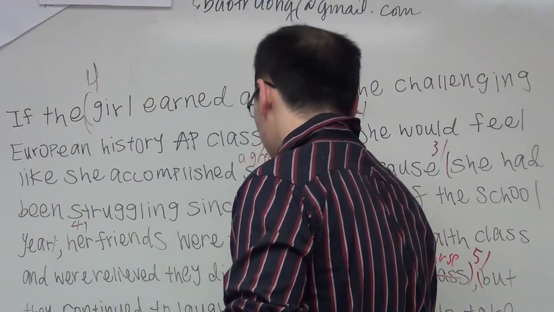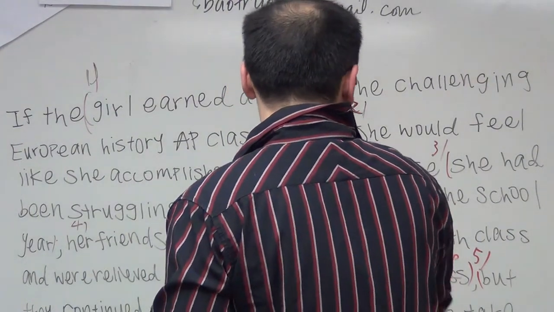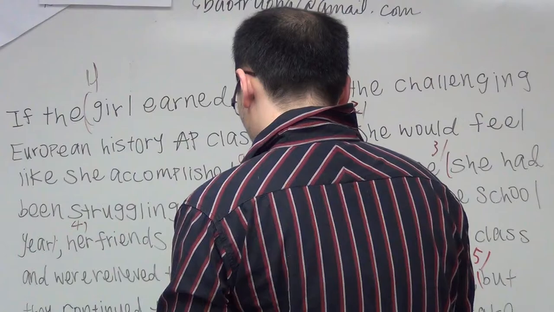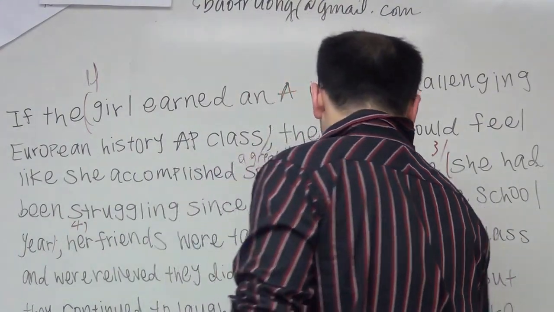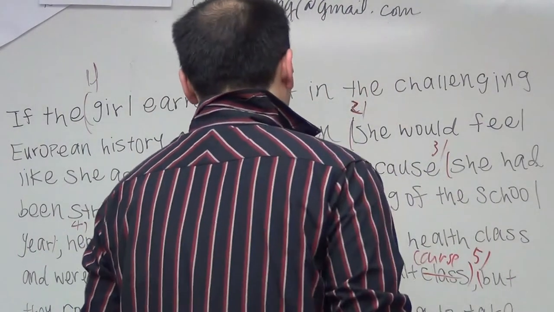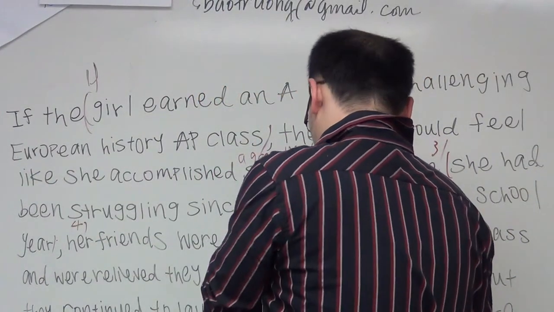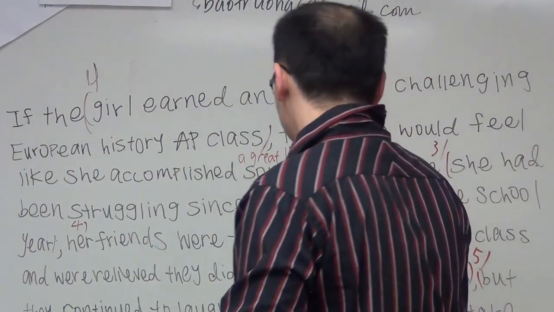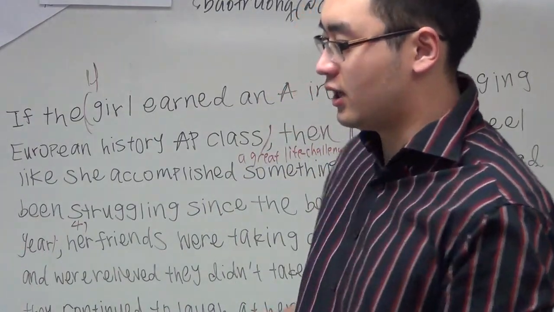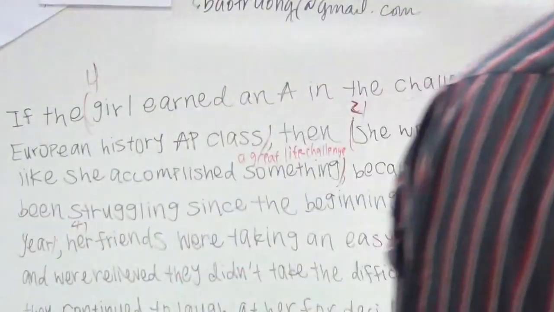So instead of just saying class, difficult class, they took an easy class, we change it up. If we change the structure, we could still retain the same meaning, same feeling that the sentence is trying to express. Okay, does that make sense?